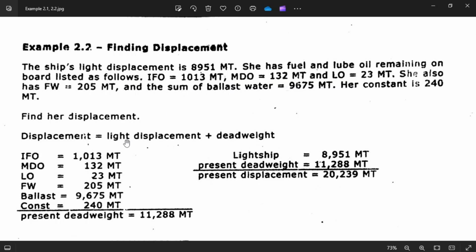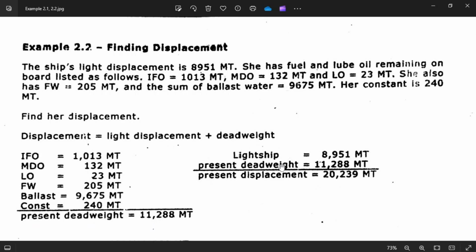IFO 1313, diesel oil is 132, your lube oil is 23, and freshwater is 205, and ballast is 96675. Okay, and her constant is 240. So you add this all together, this will be your present deadweight.